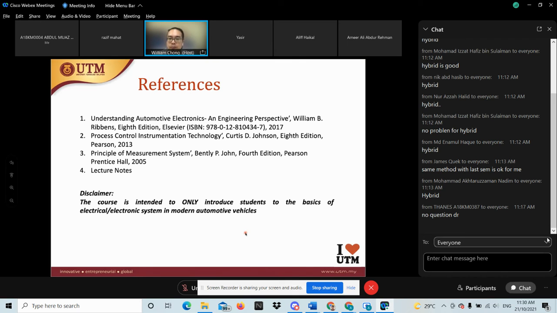That will be the hands-on part, where you will learn how to use a microcontroller to measure, for example, distance, or measure signals using sensors, and then control, for example, a DC motor, the direction of movement, the speed, and so on. That would be the basics that we're going to cover for this particular course.